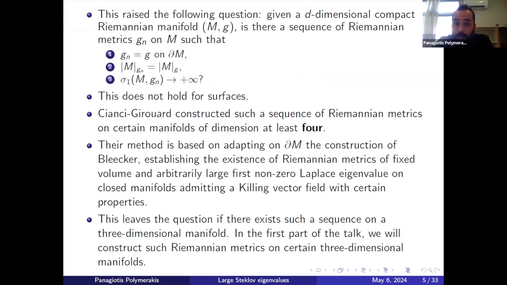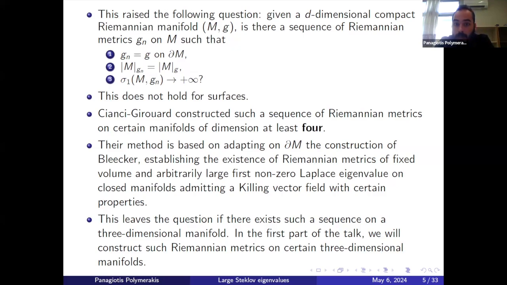If we have a Riemannian manifold, can we find a sequence of Riemannian metrics which coincide on the boundary, have fixed volume and arbitrarily large first non-zero Steklov eigenvalue? Certainly, this is not the case for surfaces. For higher dimensions, there is a construction by Jammes and Girouard, namely for manifolds of dimension at least 4.